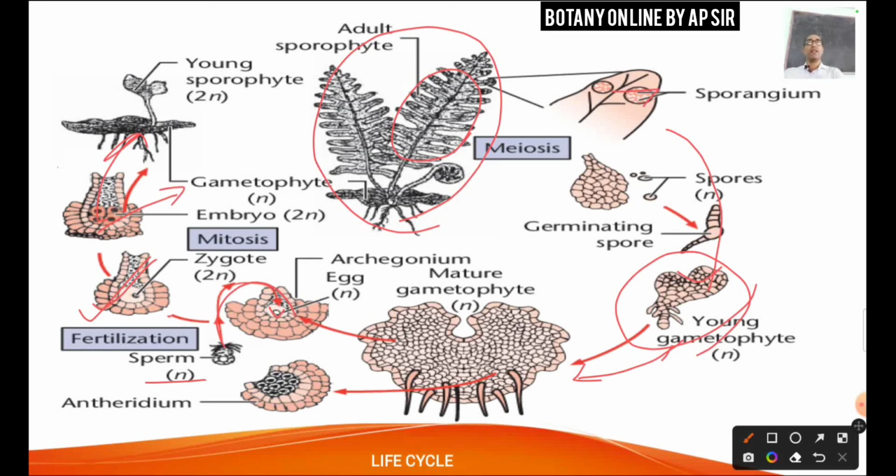So this completes the entire life cycle of the pteridophyte. It involves a sporophytic phase which is diploid in nature, and a gametophytic phase, a very small one represented by the prothallus, which is haploid in nature. This prothallus or gametophyte is totally dependent on the sporophyte for its survival.